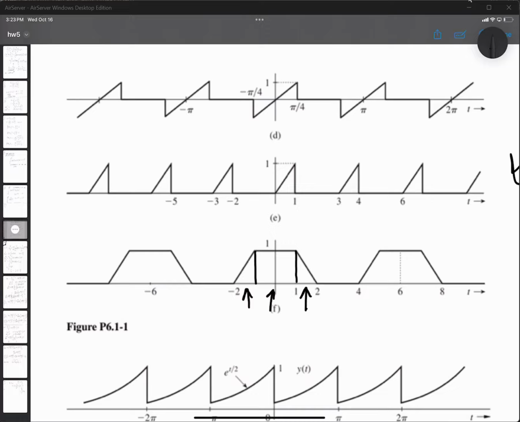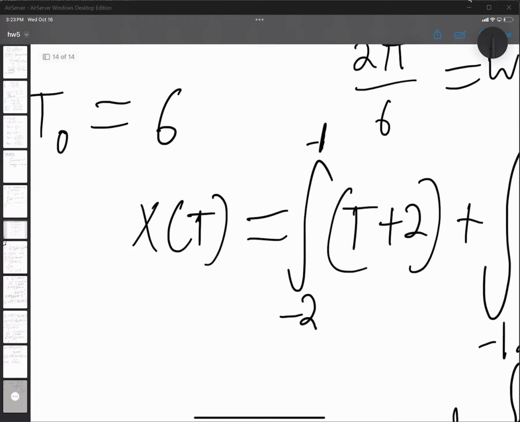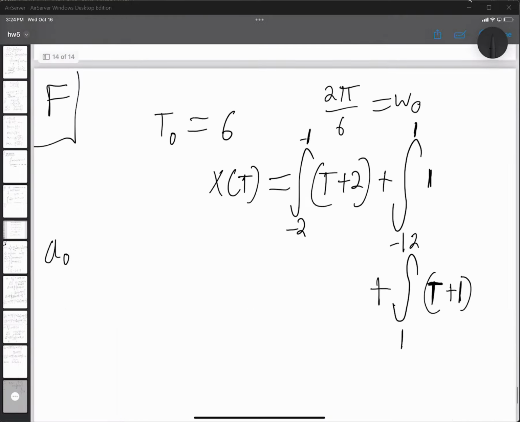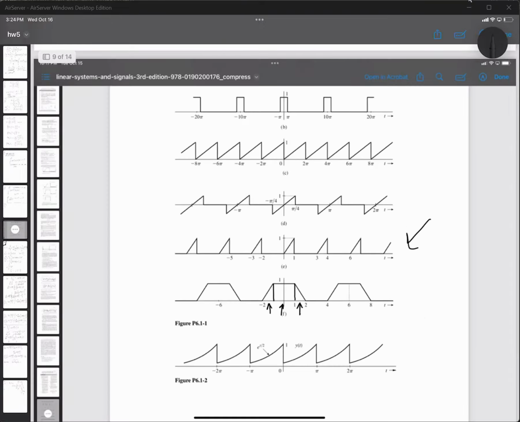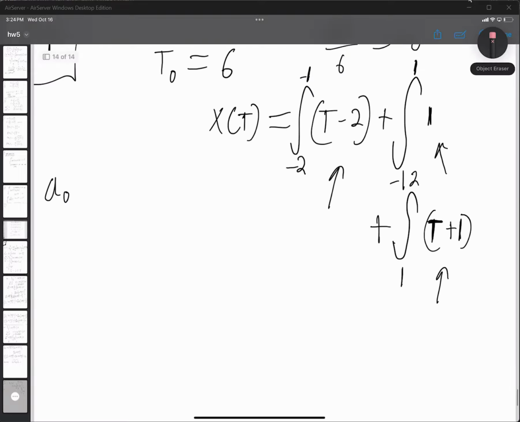Those three different parts need to be integrated under a curve, like so. And I have them set up: t plus 2, 1 for the unit step, and t plus 1. Whoa. I think this needs to be a minus 2, right? Yeah, there we go.